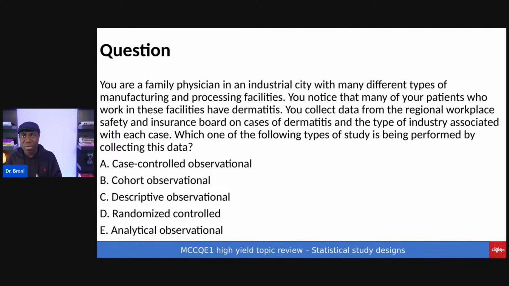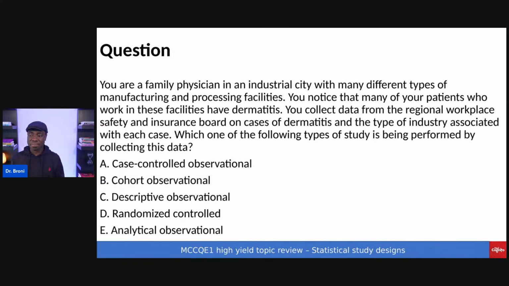Which one of the following types of study is being performed by collecting this data? A, case-controlled observational study. B, cohort observational study. C, descriptive observational study. D, randomized control study. And E, analytical observational study.